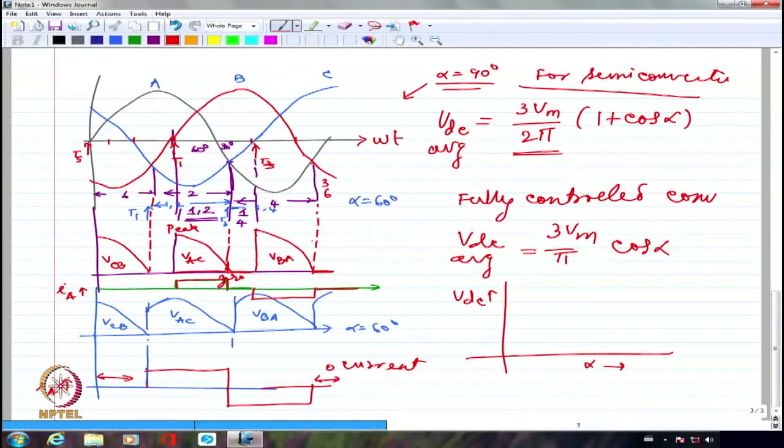At alpha equal to 0 degrees, both of them will have the same value.